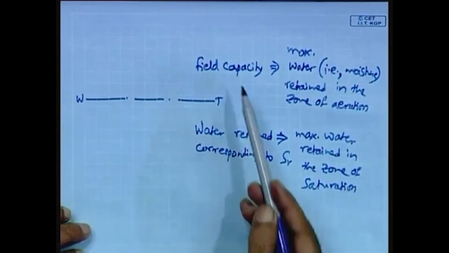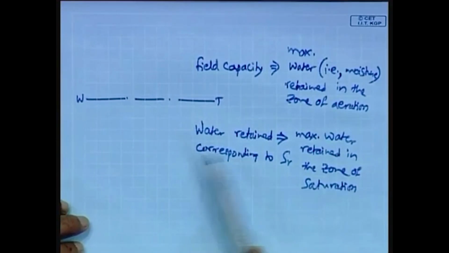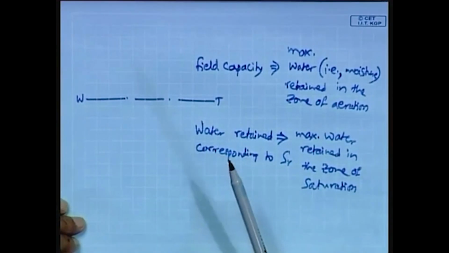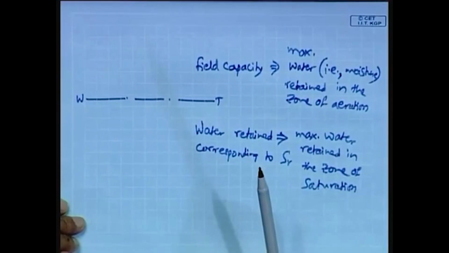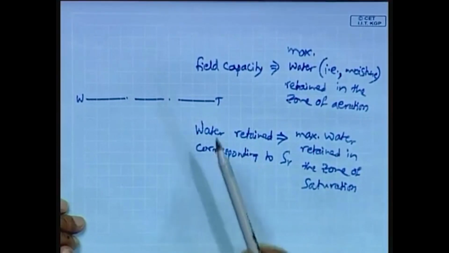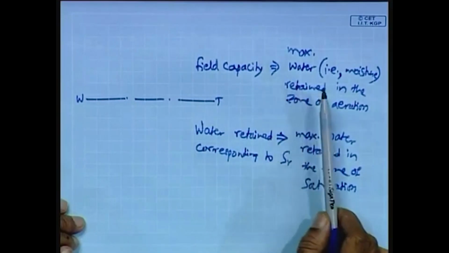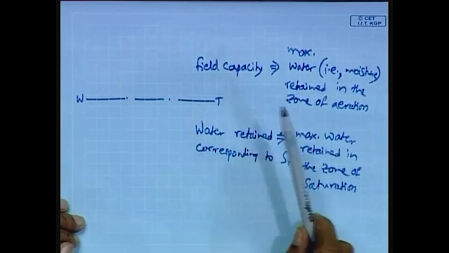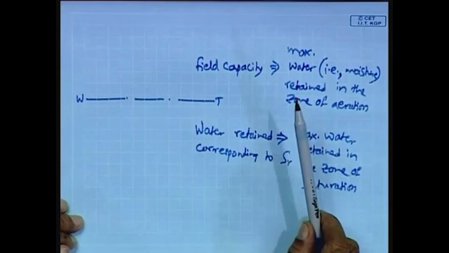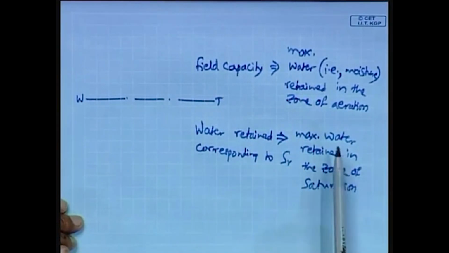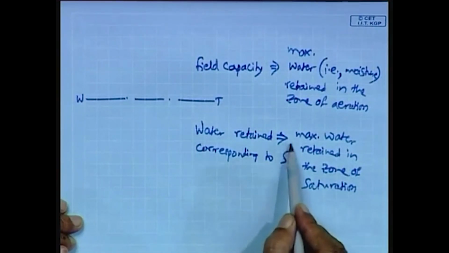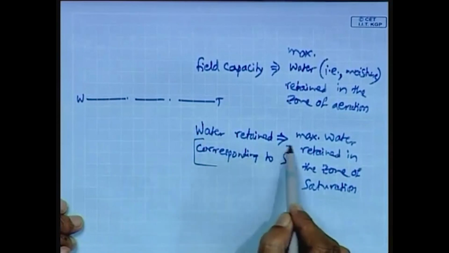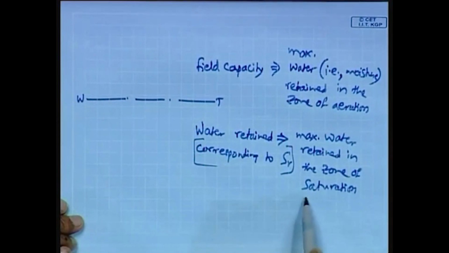So, essentially this field capacity as well as the water retained represent the same water content, while the field capacity represents the maximum water retained in the zone of aeration, wherein all the pores are saturated, while the water retained represents the maximum water retained in the zone of saturation, and obviously, this corresponds to SR. Both are against gravity.